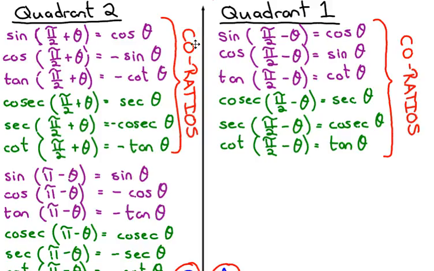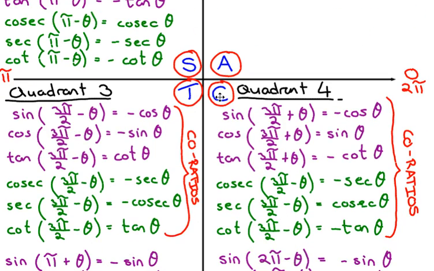Remember, we also have co-ratios in our second quadrant because we've got pi over 2, which would have been our 90, plus our acute angle theta. So we're dealing with sine, cos, and tan, but please take note of the signs. Remember your CAST system, where all our trig functions are positive in the first quadrant, sine of an angle is positive in the second quadrant, tan of an angle is positive in the third quadrant, and cos of an angle is positive in the fourth quadrant.